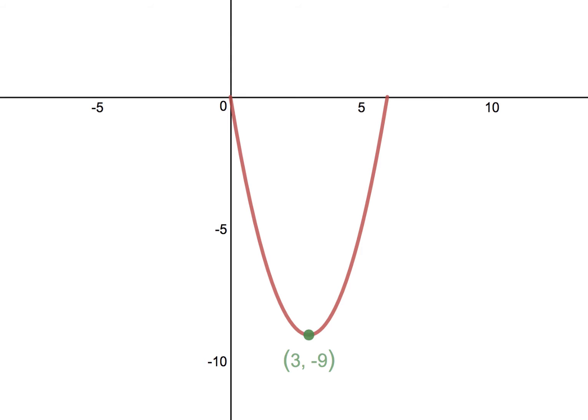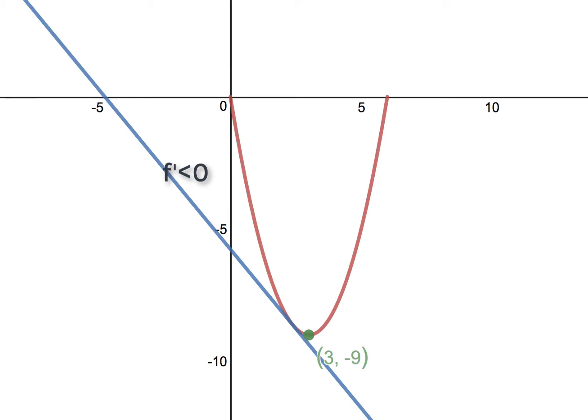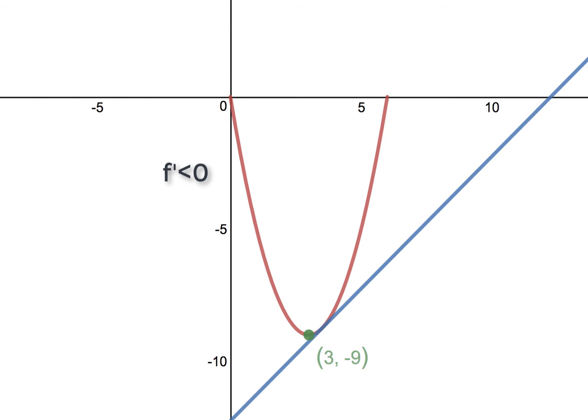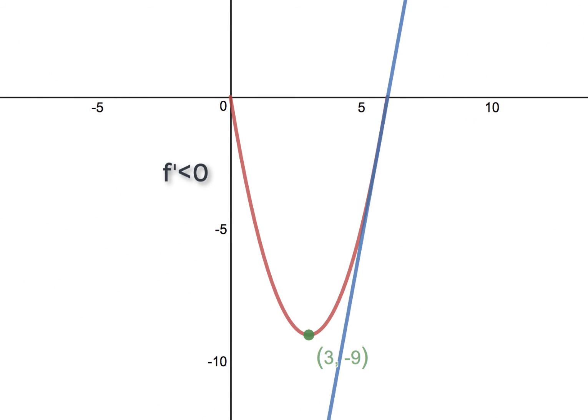So again, at the minimum, we know the slope is 0, right? We've got a horizontal slope, but if we look before it, it's a very negative slope. It's going downhill. So we have a negative slope, but it's becoming less and less negative. So it's going from negative values until it gets here and it gets to be positive values.